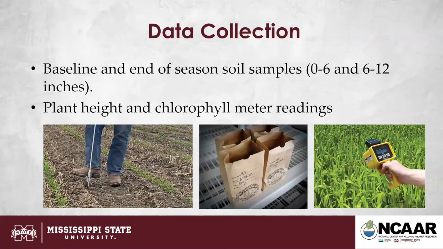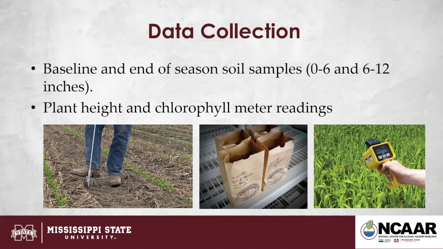So moving on to the data collection, since this is a soil fertility and irrigation project, we had to do some kind of soil sampling. What we did was we collected baseline soil samples to see the overall differences in the study site.